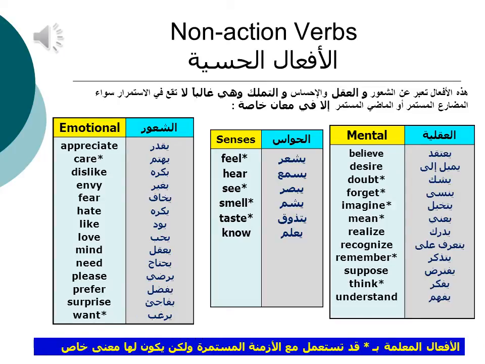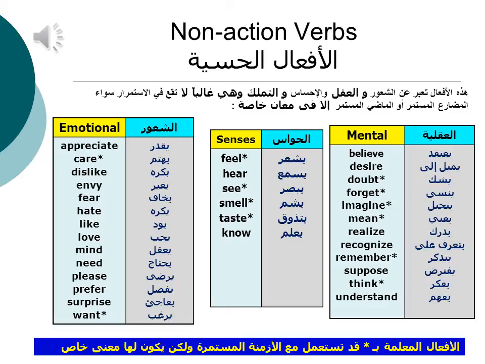In this clip, we have 3 columns which include most of the verbs I have just read to you. But this time, there is a meaning in Arabic for each verb. As I read the verbs in each column, look at its Arabic meaning if you don't understand what it means in English.